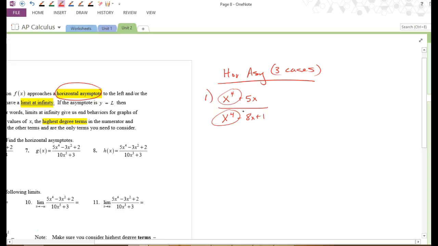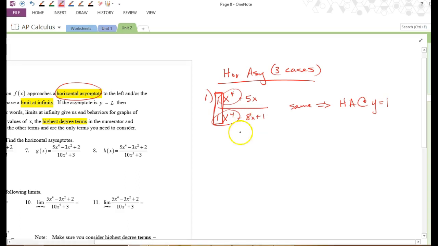So first scenario, if they happen to be the same, then that implies we have a horizontal asymptote, and in this particular one it would be at y equals 1. The way I'm getting that is by the coefficients in front of those. There's an invisible 1 here and an invisible 1 here. So the horizontal asymptote would be at 1.